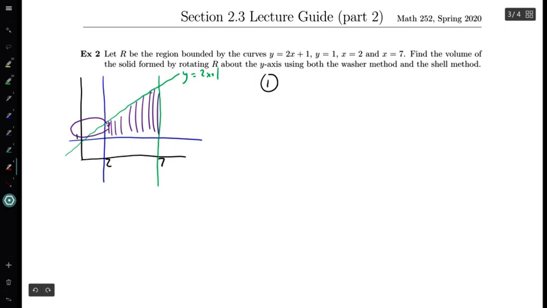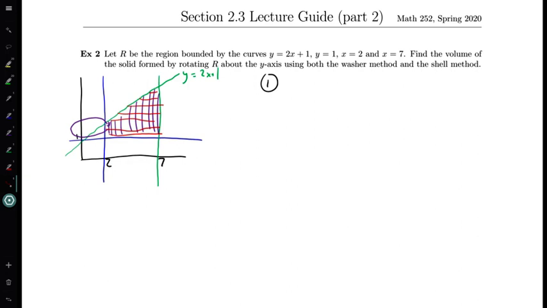If I were to draw the horizontal lines where we're thinking about integrating with respect to y, notice that we have some differences. Always the upper bound for the x values on these lines is this x equals 7. But sometimes the lower bound is this y equals 2x plus 1 curve, and sometimes the lower bound is this x equals 2 curve.